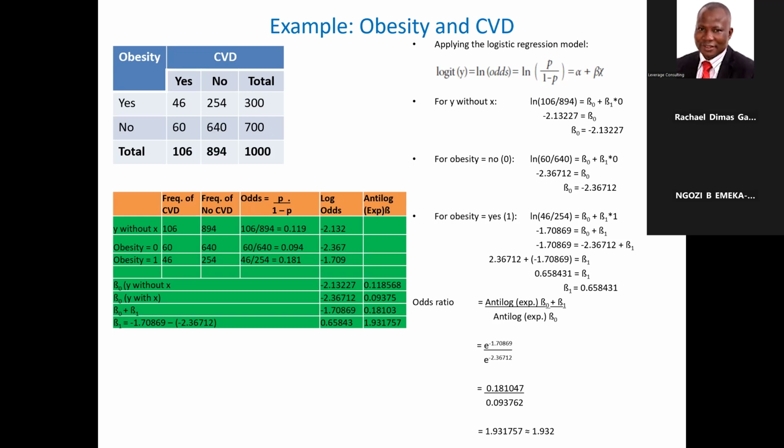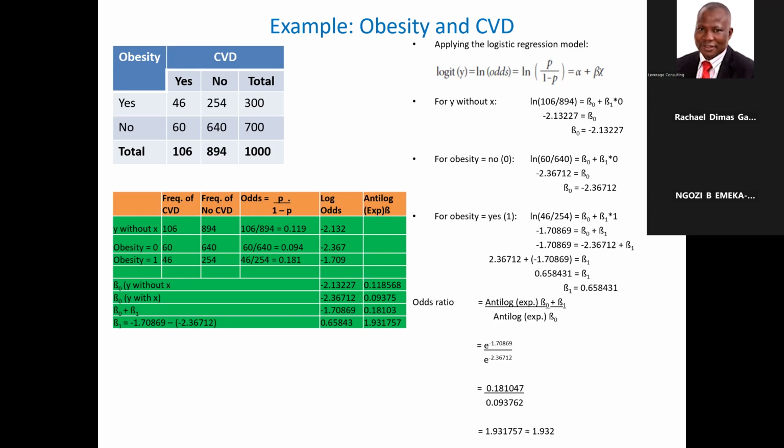having cardiovascular disease, if you don't even consider obesity, is this. So if you calculate the logarithm of that 106 over 894, it gives you minus 2.13227. B1 is equal to 0.